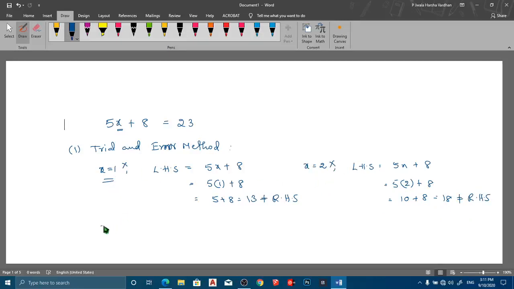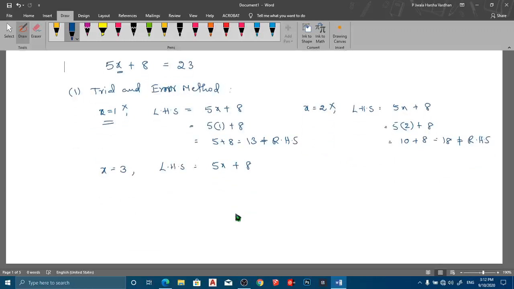Trial number 3, I am taking x is equal to 3. Now take LHS is equal to again 5x plus 8. In place of x, substitute 3 here. 5 into 3 plus 8. 5 threes are 15 plus 8. It is 23. So ultimately it is equivalent to the RHS also.